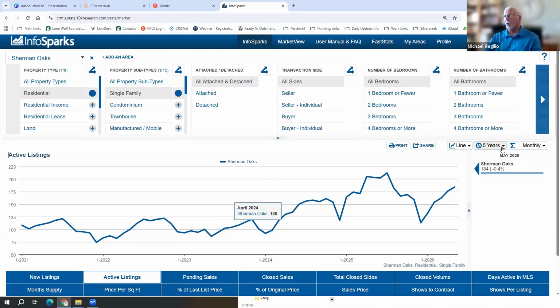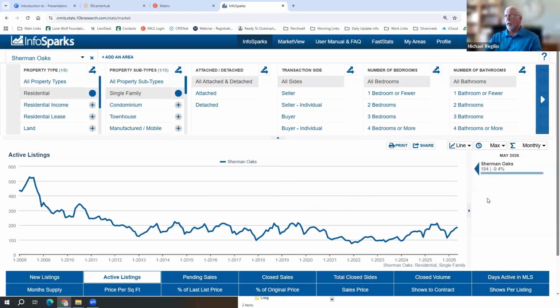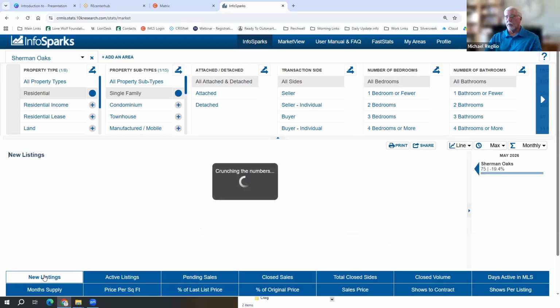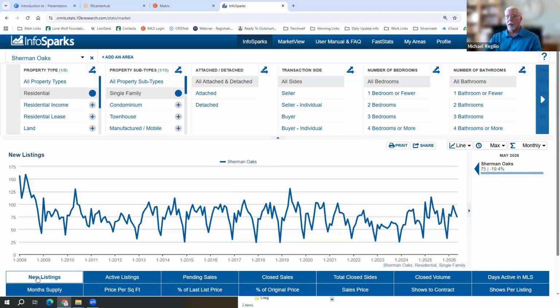So I can go back further. And what's cool is that we have data going back all the way to 2008. So if you have your engineer, your accountant, your person who is very analytical, and they want to know the data of what's really happened in the marketplace, you do have the ability to go back on any of these all the way to 2008.